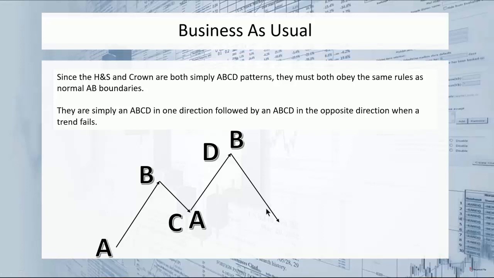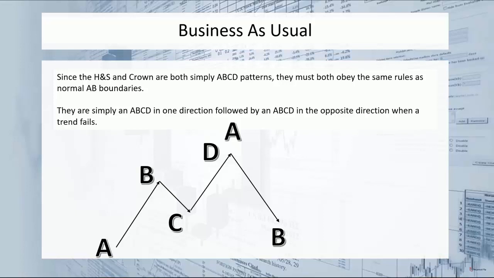By exceeding or taking out the A, even by touching the exact same price point, that AB boundary would be considered to be failed. And so I would have to recognize the fact that the market is reversing. I need to once again follow the rules for plotting ABCDs just in the opposite direction.